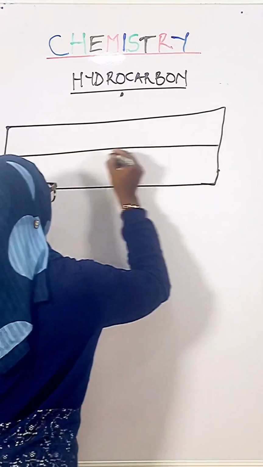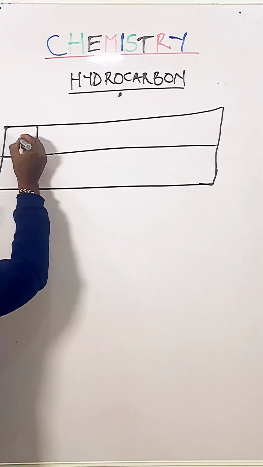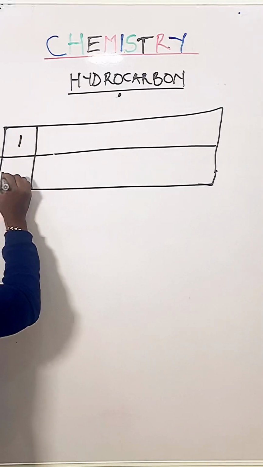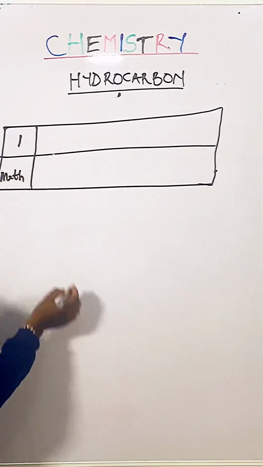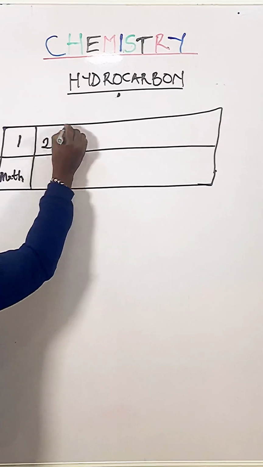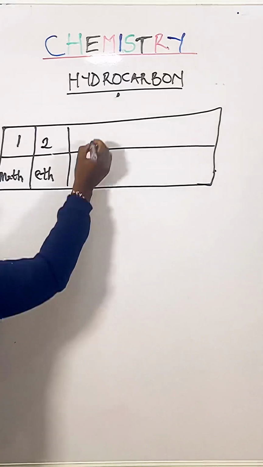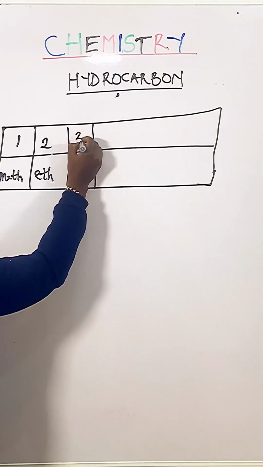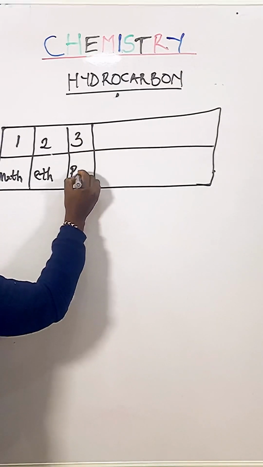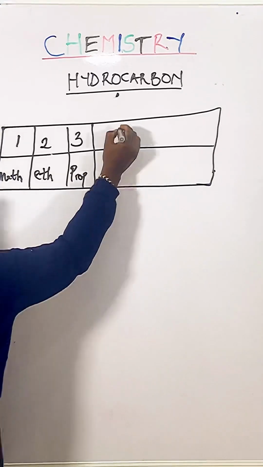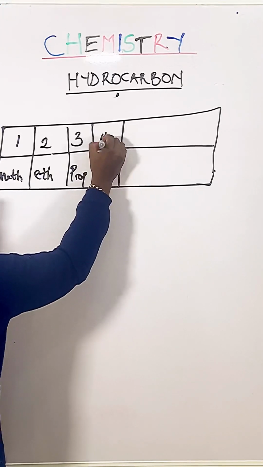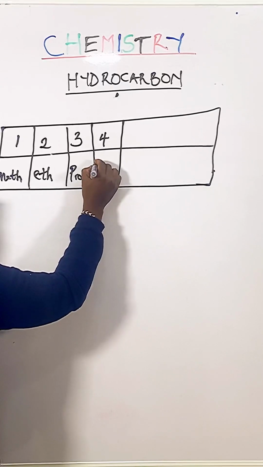So when the carbon atom is 1, the name will start with meth. When the carbon atom is 2, the name will start with eth. When it is 3, the name will start with prop. When it is 4, the name will start with but.